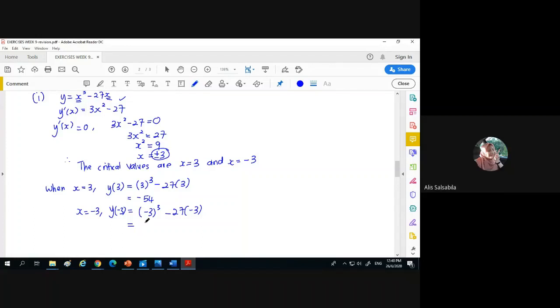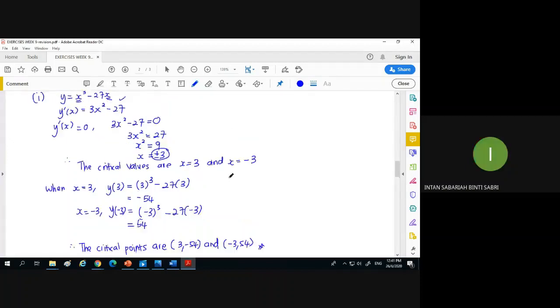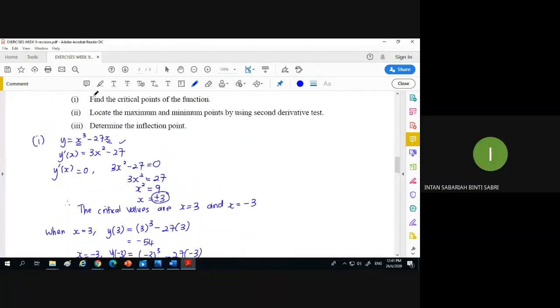Okay, that's good. 54. Okay, this one cantik lah. Therefore, the critical points are 3, negative 54 and negative 3, 54.